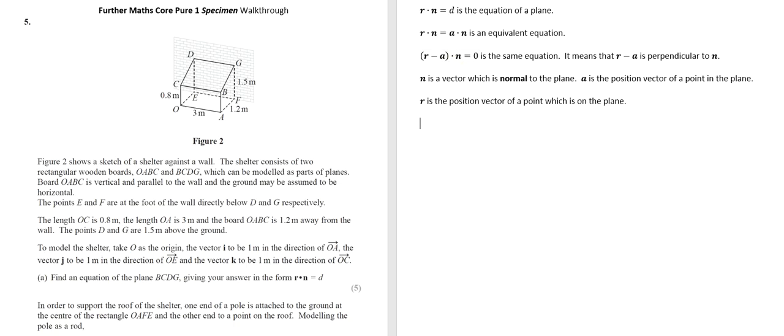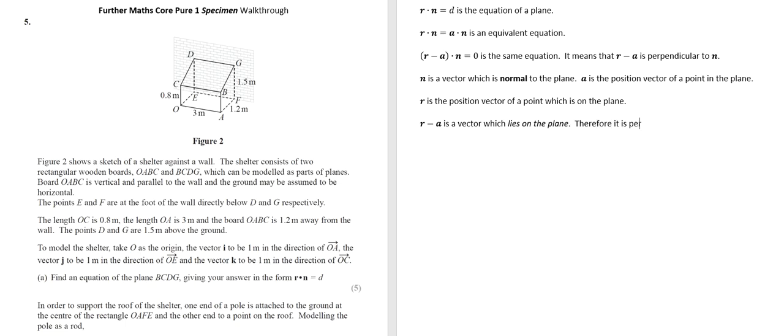So the crucial thing here is that if we do r minus a, we get a vector which lies on the plane. Unlike the vector a itself, which will go from the origin to a point on the plane, or the vector r, which similarly will go from an origin to a point on the plane, r minus a is the vector which goes from the point with position vector a to the point with position vector r.